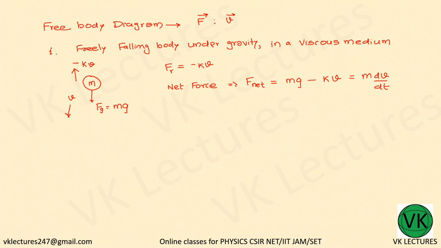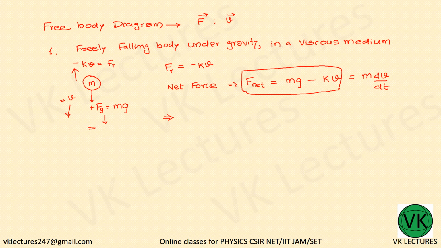This is the free body diagram, and this is the net force that we have understood from the free body diagram. So F net is equal to mg, which is downward, considered positive because it is in the same direction as the velocity of the body, and kV, which is the resistive force Fr, which is against the motion, that's why it is minus kV.